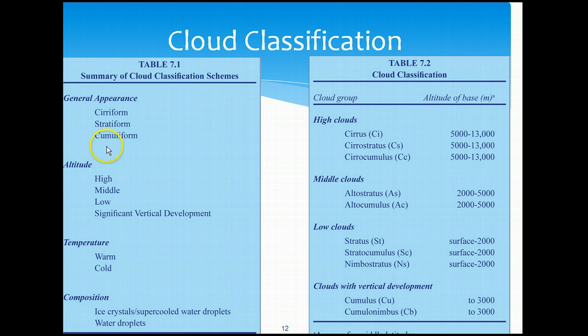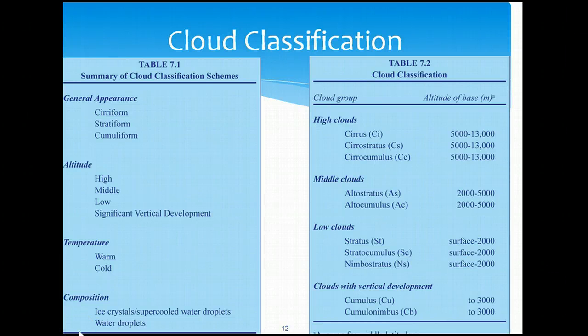If we look at the general appearance, we can find that clouds really only have three basic shapes. They're cirriform, which means they are wispy or fibrous. They are stratiform, which means they are layered, or they're cumuliform, which means puffy or heaped.